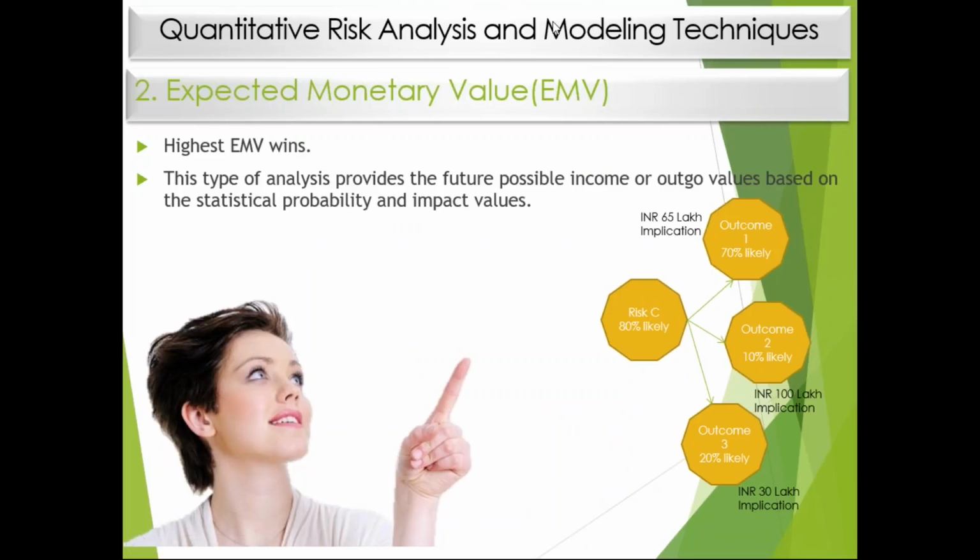Now, which is the EMV that we're going to talk about? How do we calculate the EMV in this situation? Let me just quickly draw something over here. Give me a moment.